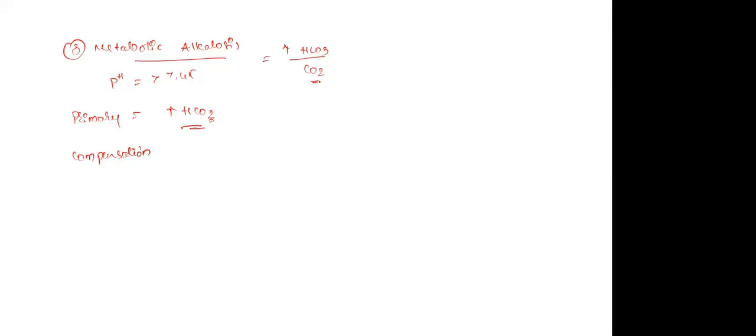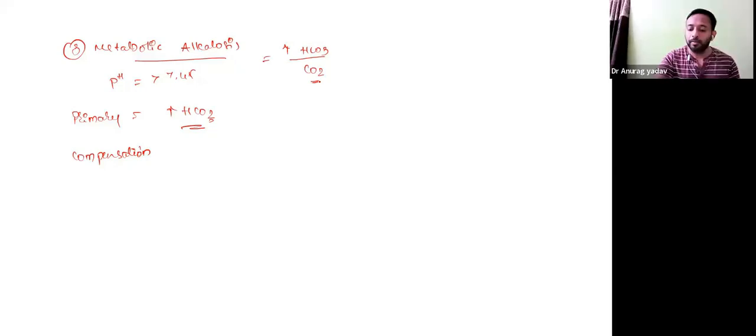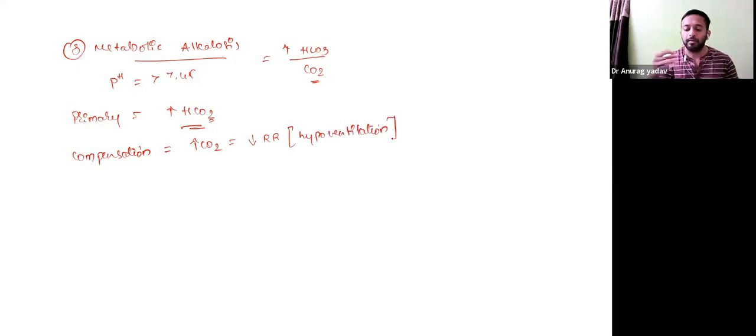I told you, compensation always goes hand in hand with the primary defect. If the primary defect is increased bicarbonate, then the body tries to increase the carbon dioxide also. That's the compensation. How can it increase the carbon dioxide levels? By decreasing the respiratory rate, by hypoventilation. By hypoventilation, it can decrease the respiration and increase the carbon dioxide.